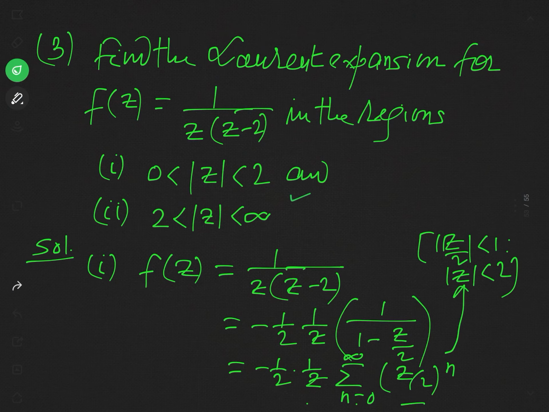So this will be minus 1 over 2, 1 over z into, at the place of minus 2 there will be 1, and at the first place this will be minus z by 2. So this can be written as summation n 0 to infinity z over 2 to the power n. And here actually modulus of z by 2 is less than 1, or you can say mod of z is less than 2 as mentioned in this problem.